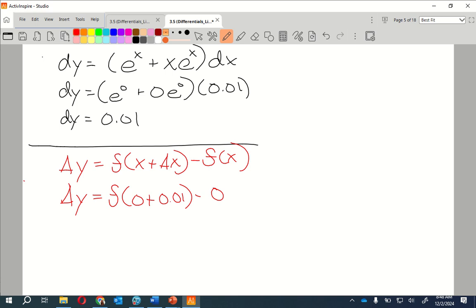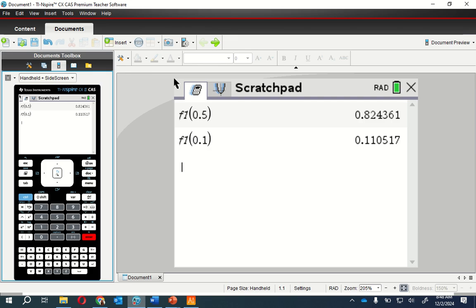So I'm going to go to the calculator, f of 0.01, vars, and I get 0.010.